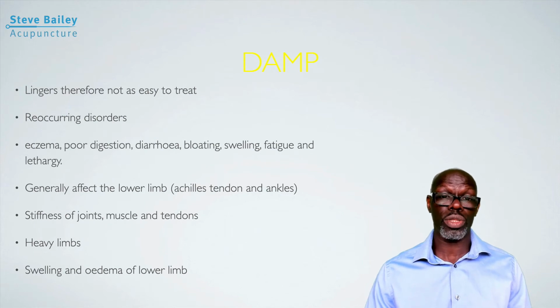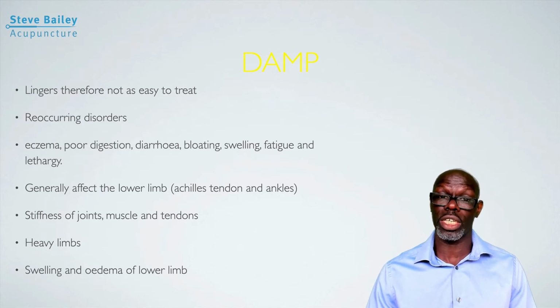One of the most important things is to advise your patient. If they've got wooden floors, make sure that when they're on that floor, they're not walking about barefoot. They're wearing socks or something around that Achilles tendon to keep it warm.